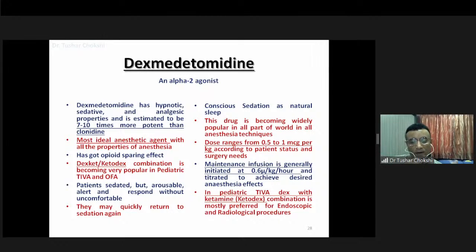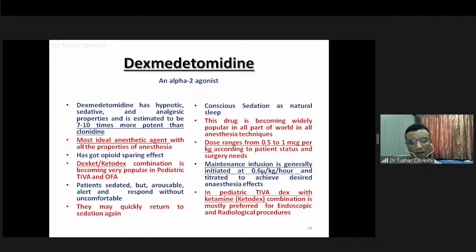And you know, in pediatric TIVA, without TCI, the dexmedetomidine combination is becoming very popular in pediatric TIVA or opioid-free anesthesia. You find in PubMed more than thousands of articles about this since the last 2 years. Here the patient is sedated but arousable. I call it conscious sedation or physiological sedation. Now how this physiological sedation is working under dexmedetomidine, I will give one example.